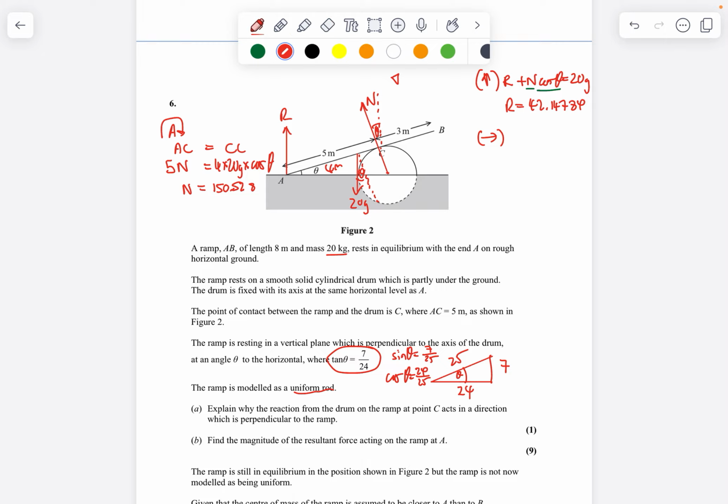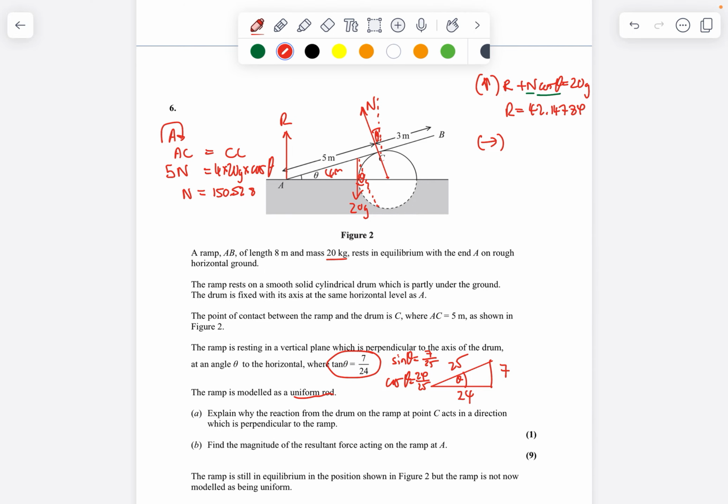Right, last one. I'm going to go horizontally. And we know that as the weight is pulling down, it's pulling my ramp in this direction. So that means that friction must be acting in the opposite direction. So horizontally, I've got friction, and the only other force that's not perpendicular is N. So I've got N, and this time I'm resolving horizontally.